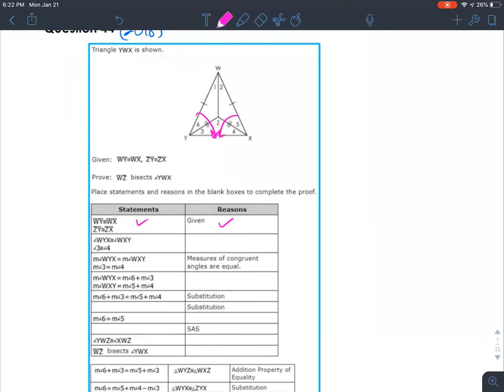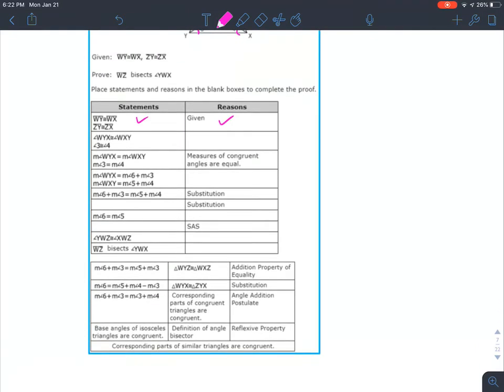Now, we can't show in the picture very well that they're congruent, but why would they be congruent? Let's see, isosceles triangle theorem. It also says angle 3 and angle 4 are congruent. That's the same reason because it's in the same part of the proof. Also isosceles triangle theorem. This one: base angles of an isosceles triangle are congruent.